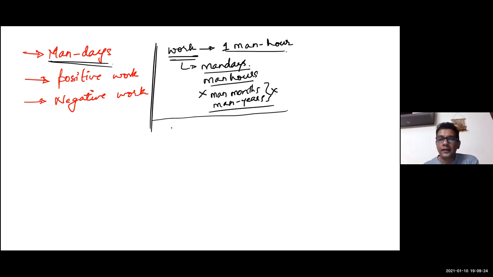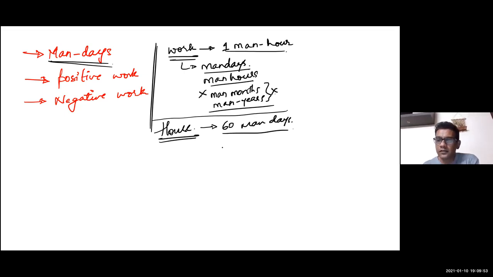So that makes me decide how I want the work to get completed. Let's take an example. Let's say I want to construct a house, and I call an architect or an engineer and ask him how long it takes. He says 60 man days.